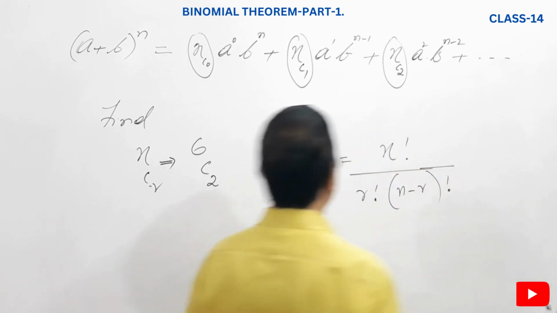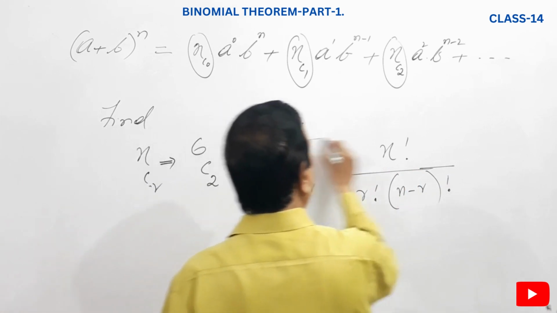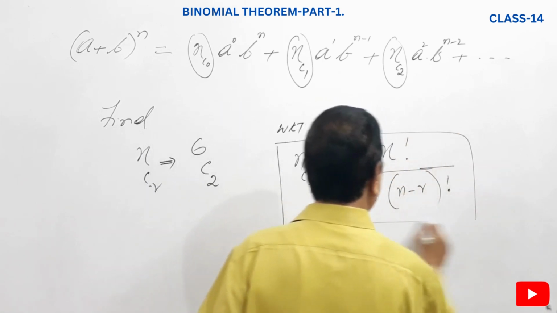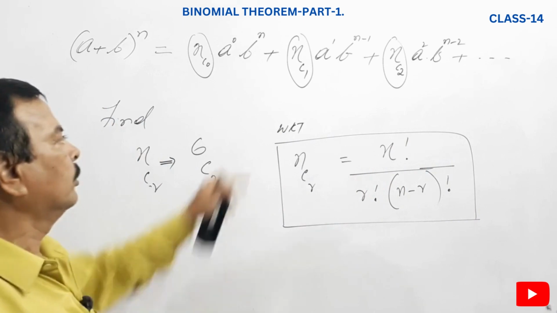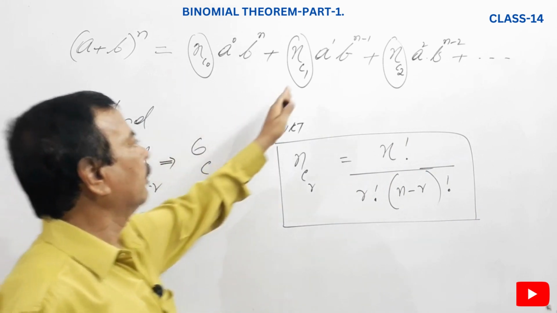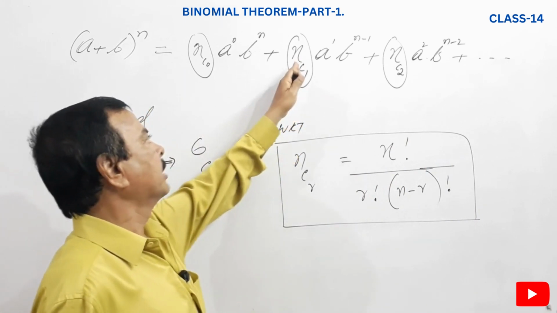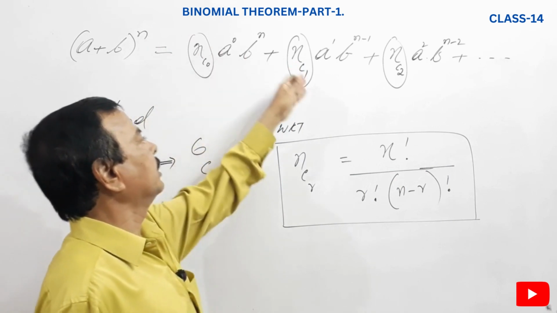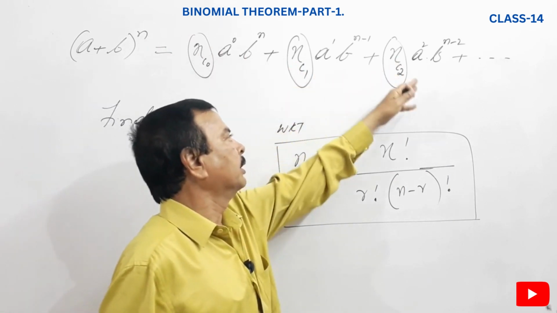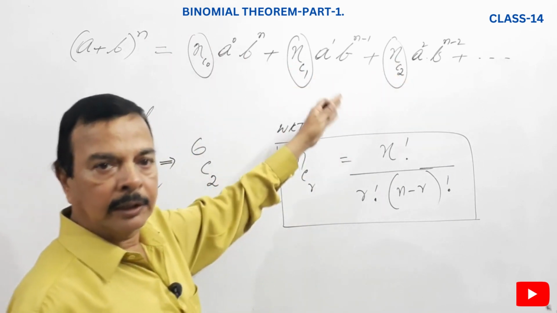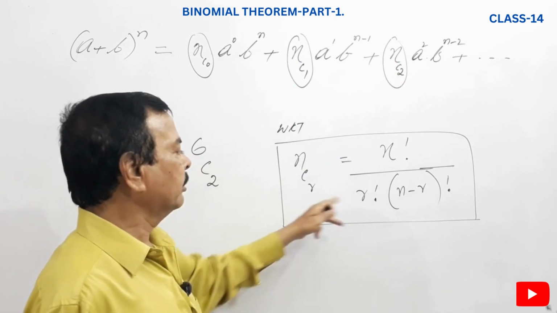So this is a formula to find nCr. In a problem you may have to calculate the value of, say, 4C2, 4C3, and so on. In that case you should know this formula.